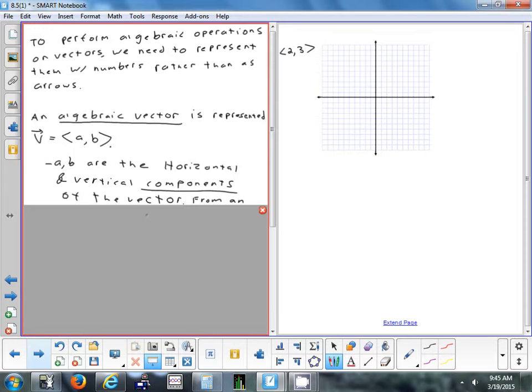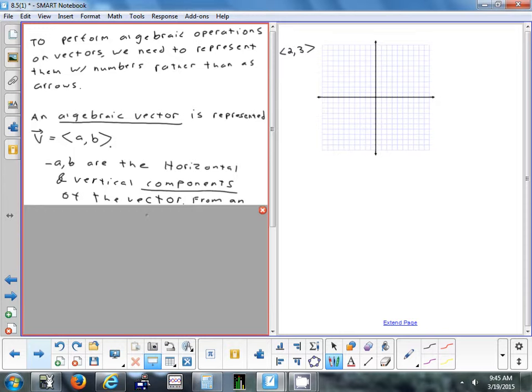If I just said to you, draw the vector that has a horizontal component of 2, vertical of 3. You can start from the origin. If I started somewhere else, though, would it be wrong? This is the only vector you're going to have. I'm going to just draw that one vector. So there's only going to be one vector in this whole picture.